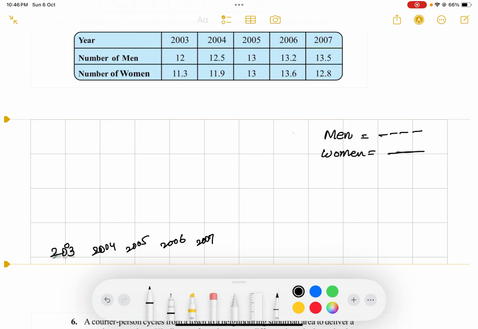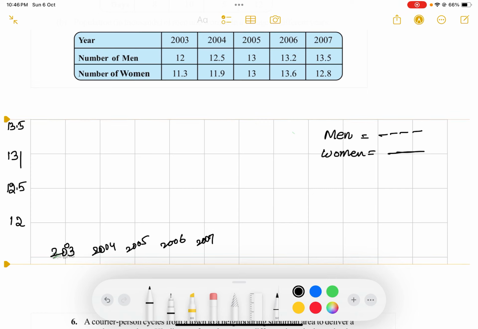In the year 2003, it is 12, 12.5, 13, 13.2, 13.5. So we can see the graph on the y-axis starting from 12 and then 12.5 and then 13 and then 13.5. Let us take the graph like this.